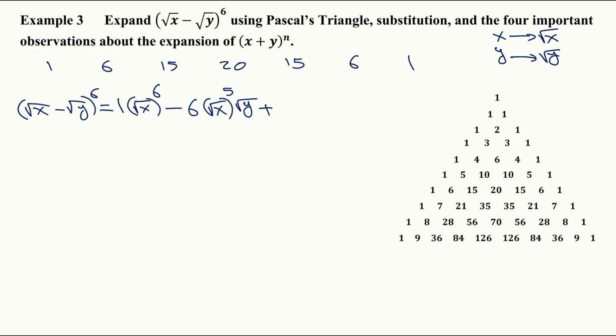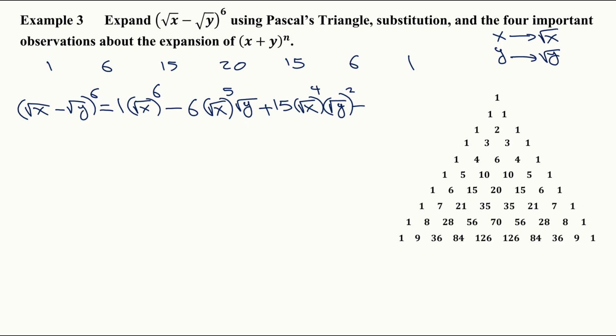So the coefficient is 15. We're going to reduce the exponent of this power one more time. So we get square root of x to the power of 4. And we're going to increase the exponent on this power by 1. So we get square root of y squared.